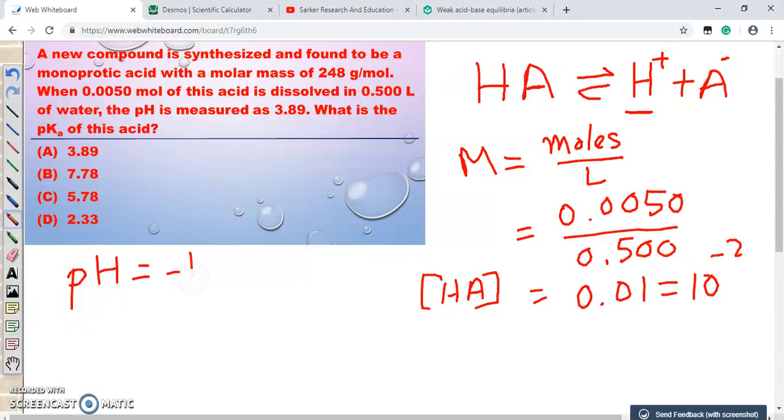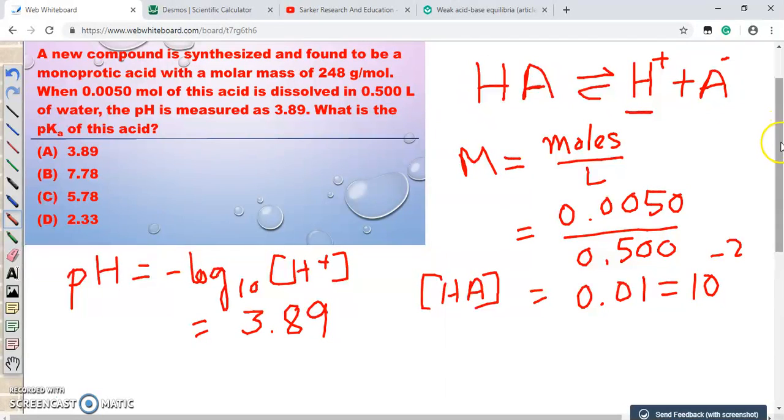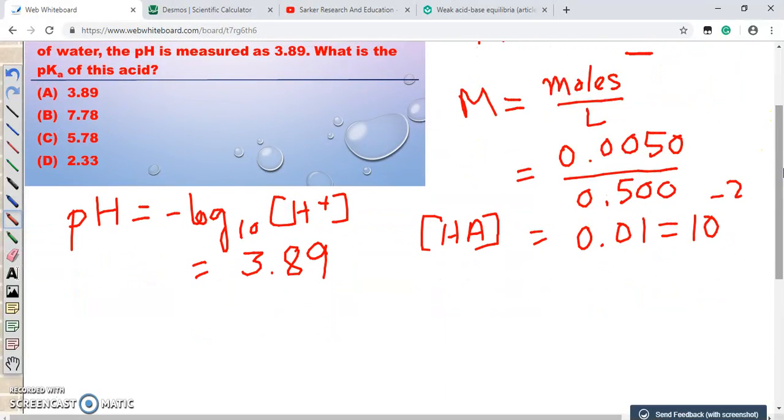Now pH can be written as negative log to the base 10 of the concentration of proton in terms of molarity, and that has been given as equal to 3.89. So from here we can write that the concentration of proton equals 10 to the power minus 3.89.